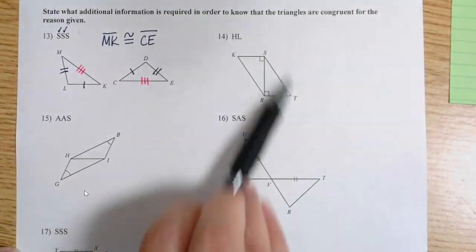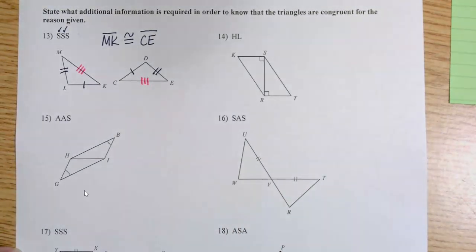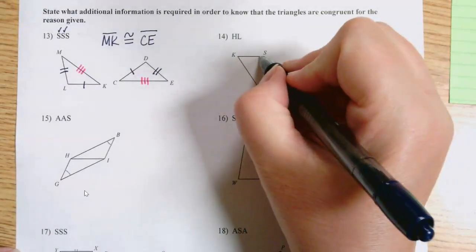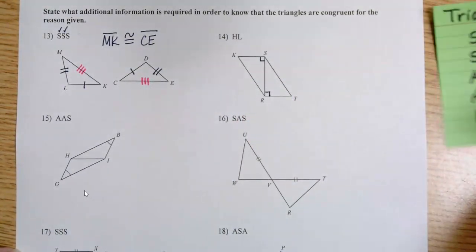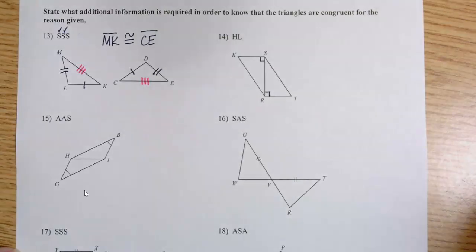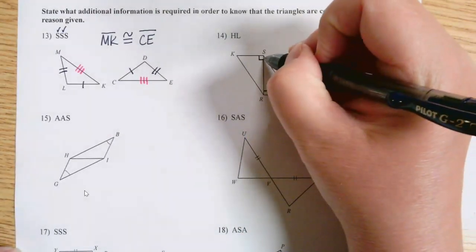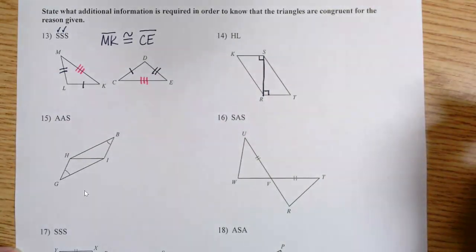So, okay, over here, if I need this to be HL, let's see what I've got so far. Well, I do have right angles, and you have to have right angles for HL. So we have to know we have right triangles to have HL because that's part of what makes it HL. Then I've got this shared side. Segment SR is in both triangles.